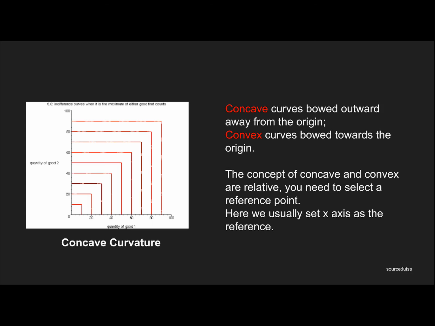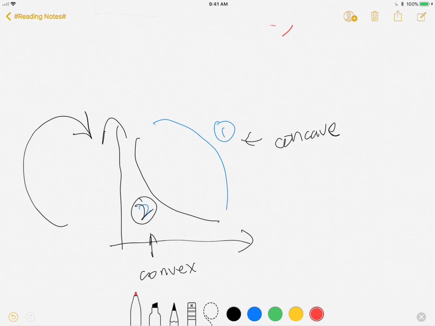And here on the graph, in indifference curve graphs, we usually use the x-axis as a reference, which means the red line here, the blue and red line here is concave compared to the x-axis, and the black line here is convex compared to the x-axis.